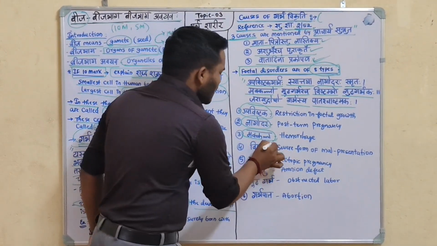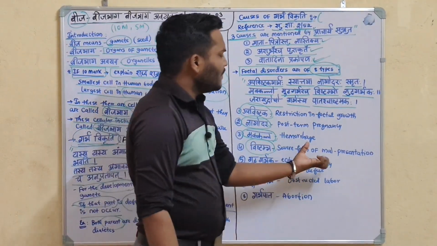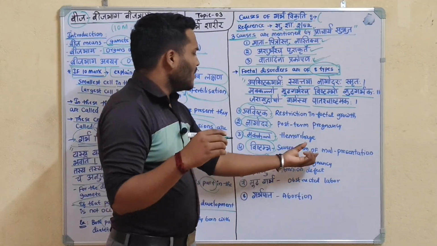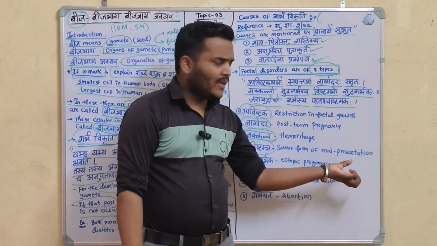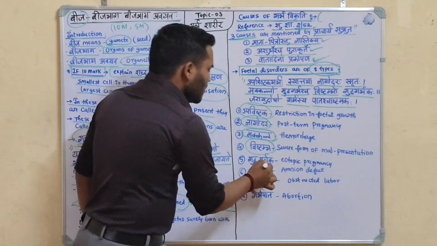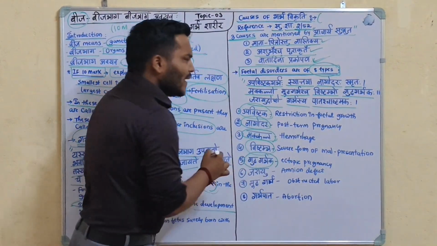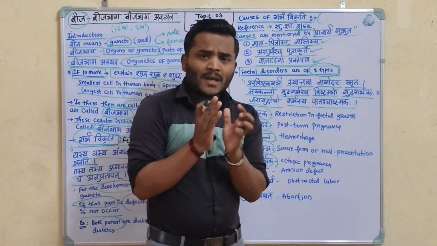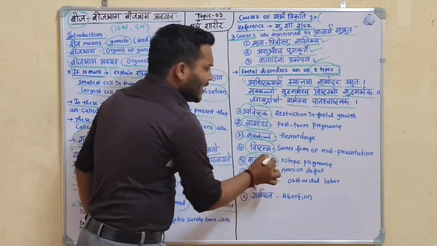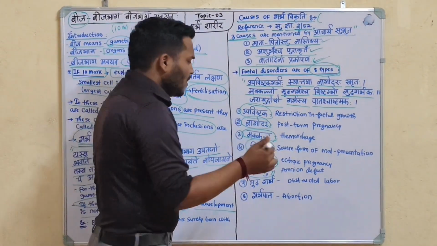And vishtamba, severe form of the malpresentation, which means obstruction to the labor. And gudagarbhaka here refers to the ectopic pregnancy. And jarayu I already said it is amnion.